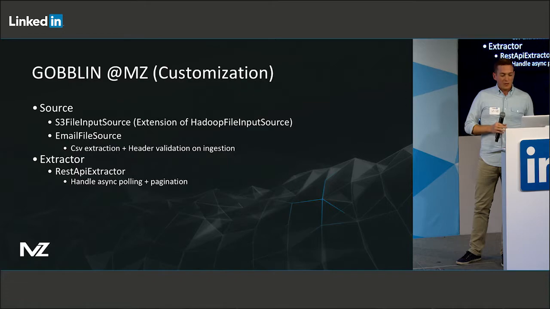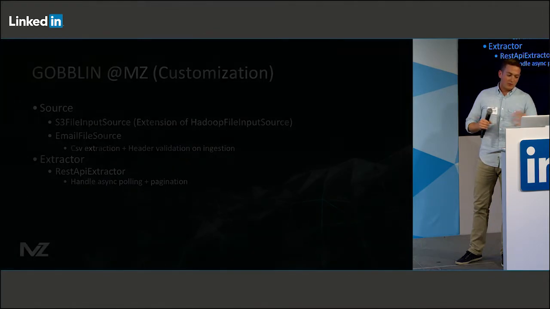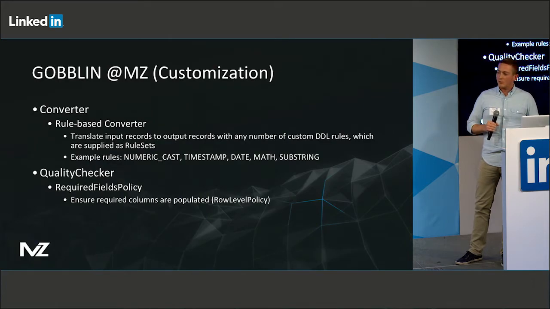The REST API extractor for Gobblin is pretty good if you're just doing a single pull of data. We didn't have anything for handling async polling or pagination, so if you had a job that took a long time and then you had to poll an endpoint, we had to implement that ourselves. So that's something we probably could contribute back to the community, I guess.